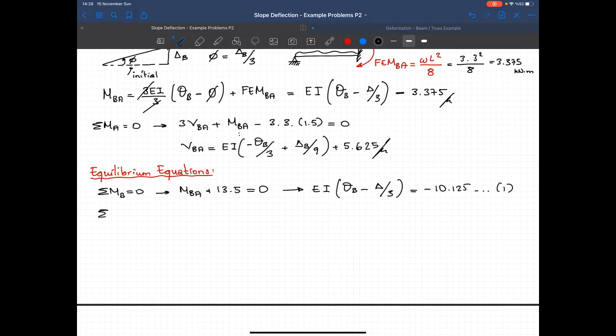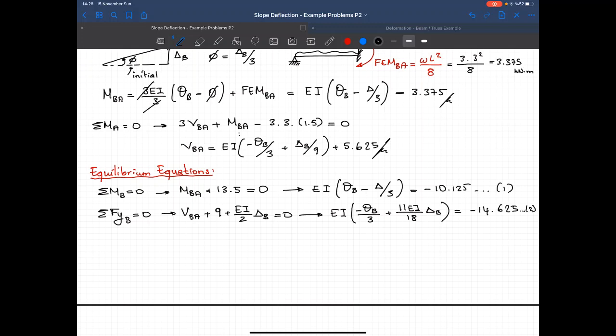The second equation, sum of forces in y direction at B equal to 0. I got VBA plus 9 plus EI over 2 delta B equal to 0, and this equation becomes EI times (minus theta B over 3 plus 11 over 18 delta B), and that's equal to minus 14.625, and that's the second equation.